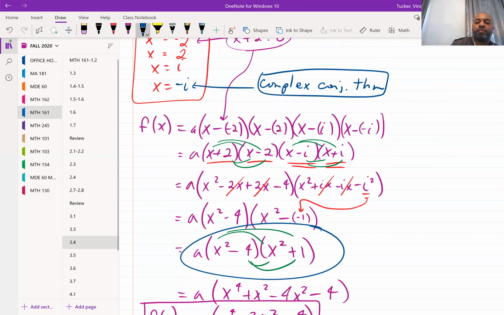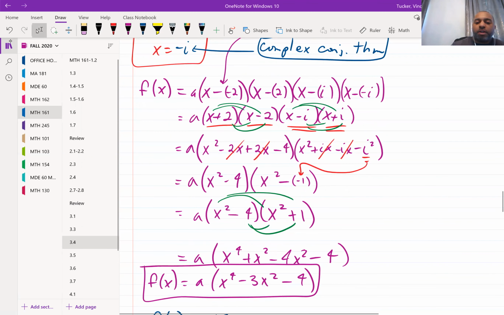So here we have x squared minus 4 times x squared plus 1. Once again, do your binomial distribution. X to the 4th, x squared minus 4x squared minus 4.